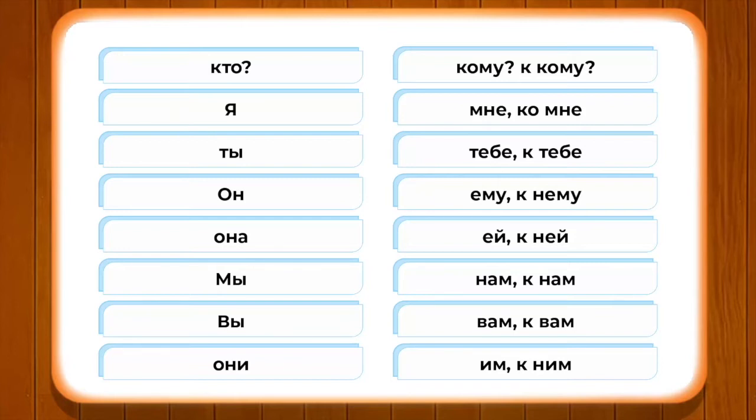On padaril minye. So, indirect object. On padaril minye novayu rubashku. He gifted me a new shirt.